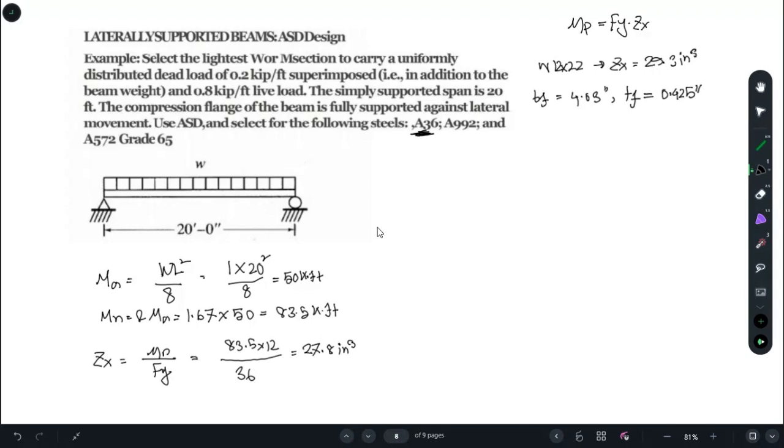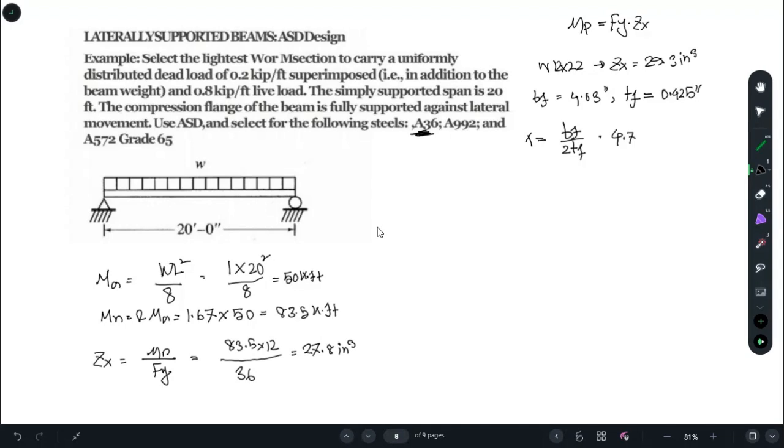From there we'll find the value of lambda, the slenderness ratio. The formula is bf over 2tf. Here bf is 4.03 and tf is 0.425. From there you find the slenderness ratio, and that would be a value of 4.7.